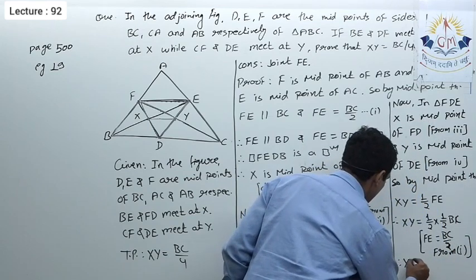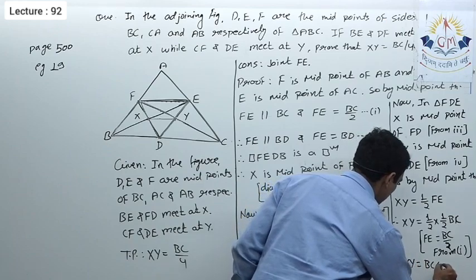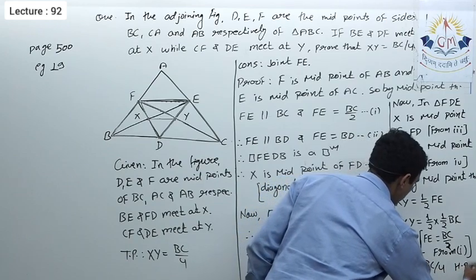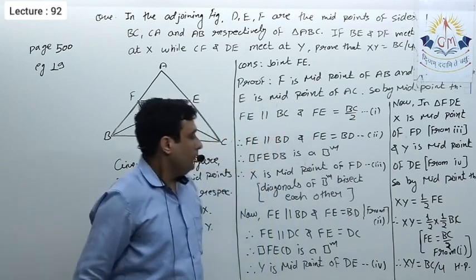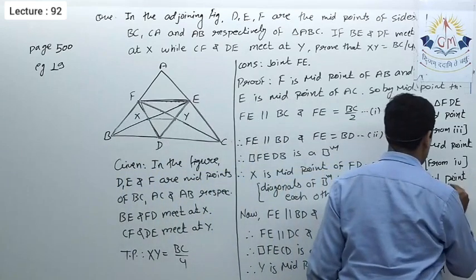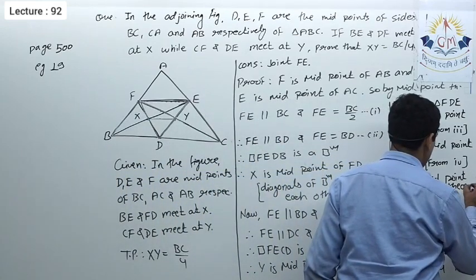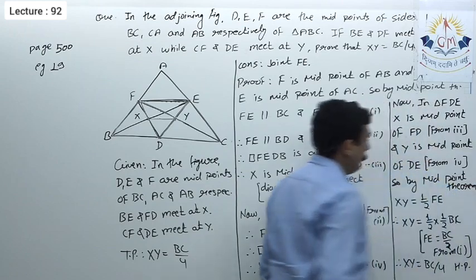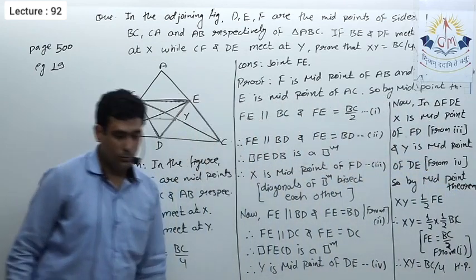Therefore XY is equal to BC upon 4. Hence proved. So please note it down.